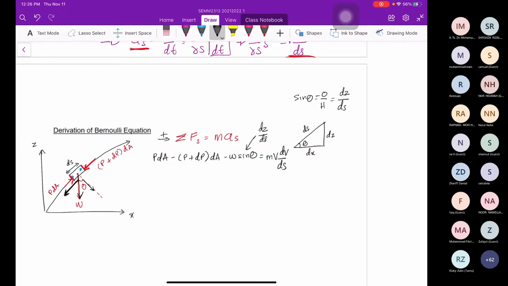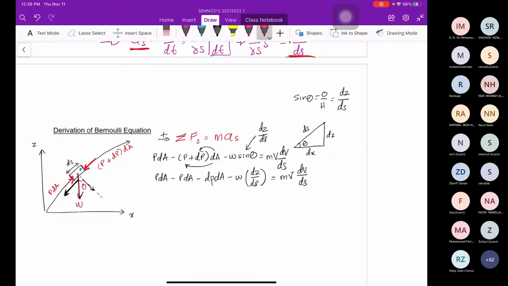Before I replace, I want to expand further: P dA minus P dA minus dP dA minus W dz/ds equal to m v dv/ds.